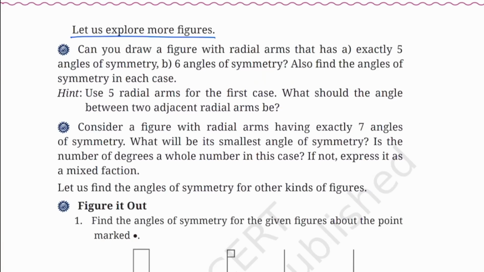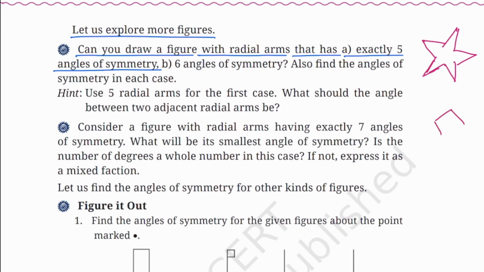Let us explore more figures. Can you draw a figure with radial arms that has exactly 5 angles of symmetry? For this, you can draw a shape like a star, or like a pentagon with all its sides equal.